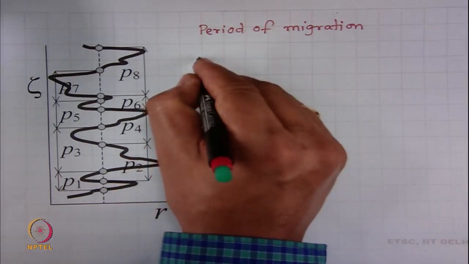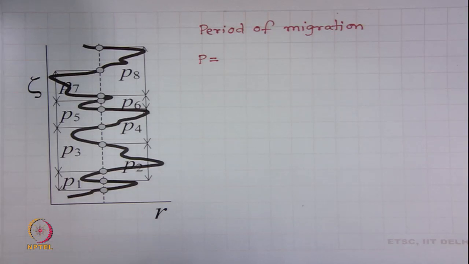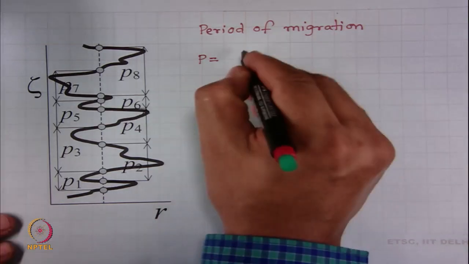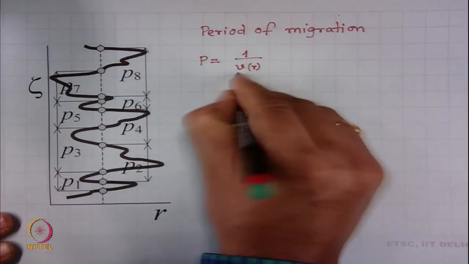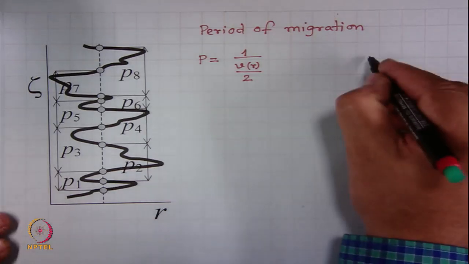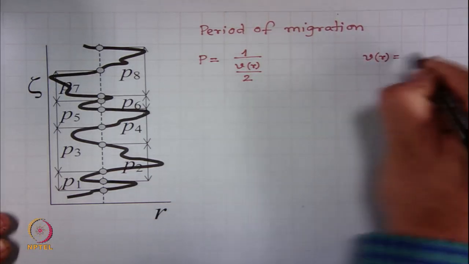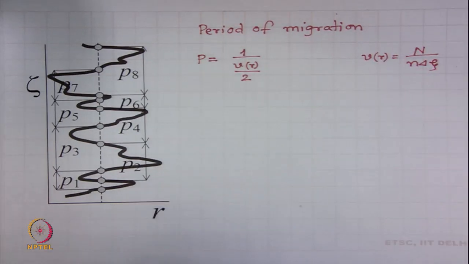This period of migration can be written by 2, because you remember nu r was defined by this.